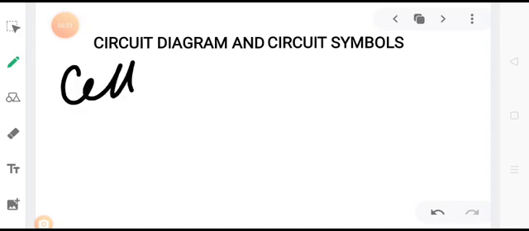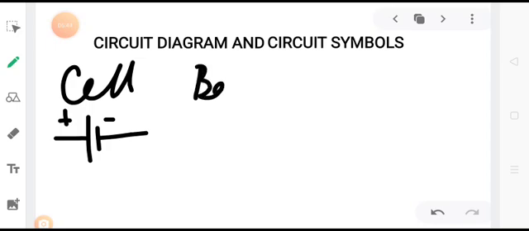We will begin with the symbol for a cell. As we all know, a cell has a positive terminal and a negative terminal. The positive terminal is shown by a long line, while the negative terminal is represented by a shorter line. Next, a series combination of cells, that is a battery.